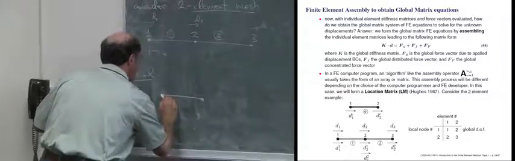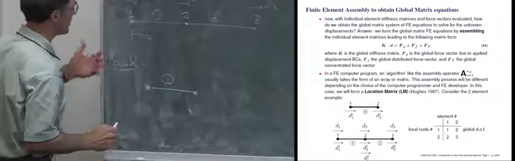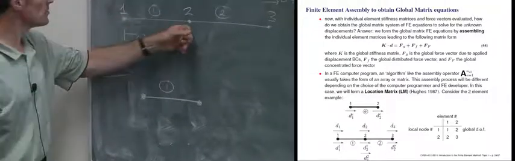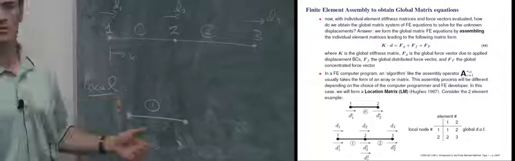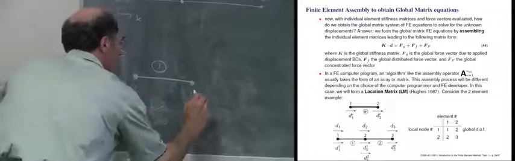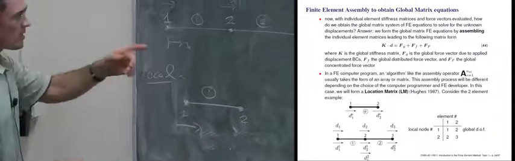let's just look at element 1. It's somewhat confusing from this perspective that global nodes 1 and 2 happen to correspond to local nodes 1 and 2. But you'll see for element 2 that will be a little different. So we have a local node 1, a local node 2. But now, remember our local degree of freedom.